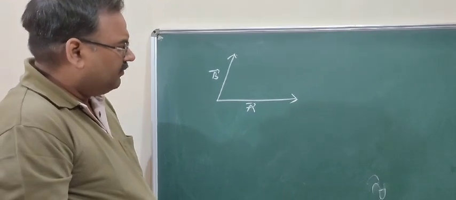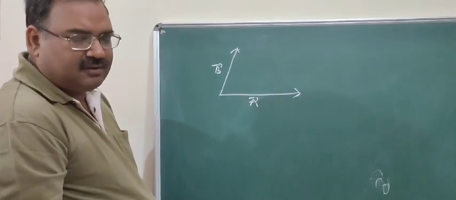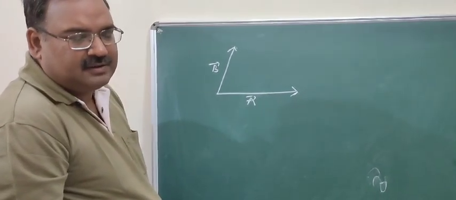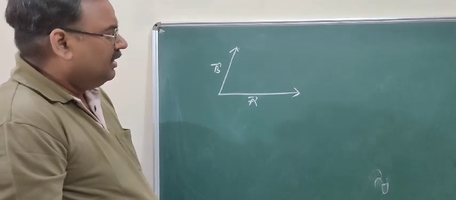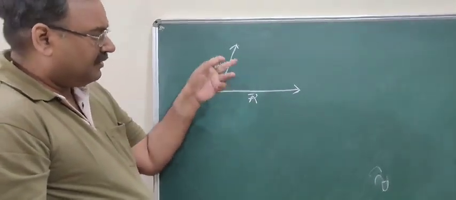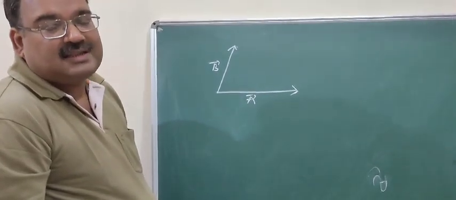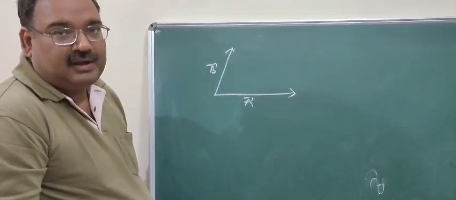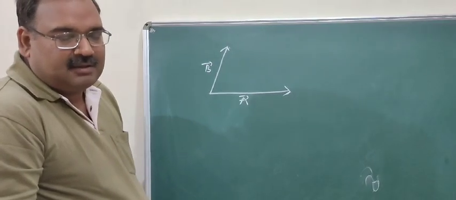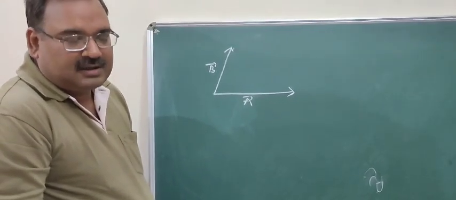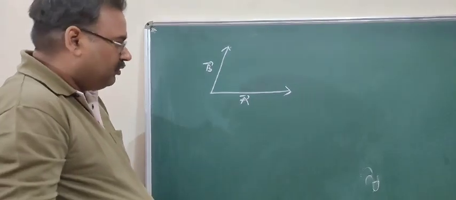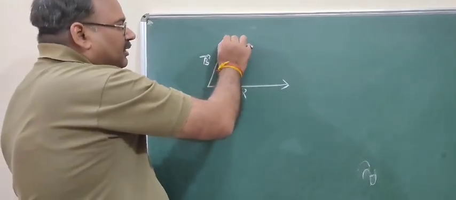Now another way of adding these two vectors, okay, we are talking about the same vectors that we had added earlier. We have vector a, that is horizontal, and vector v. So we represent them by the two adjacent sides of the parallelogram. What we do, we complete this parallelogram.